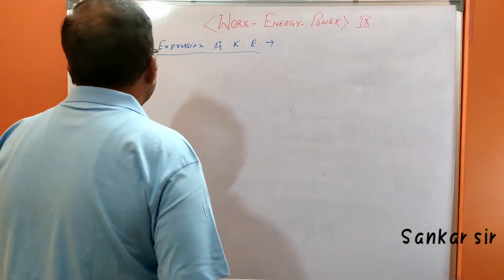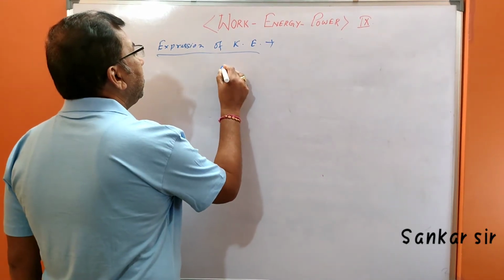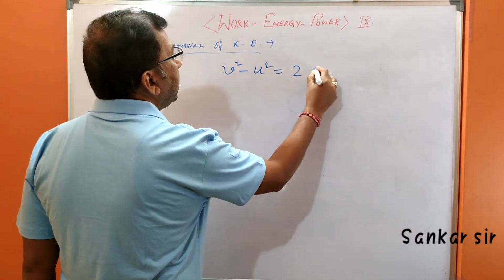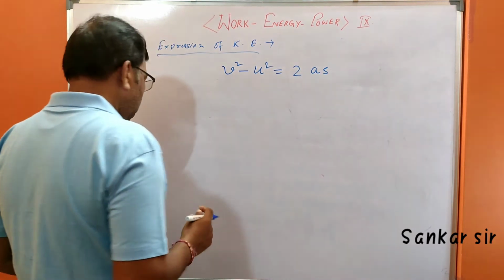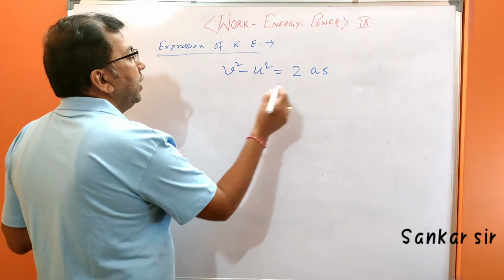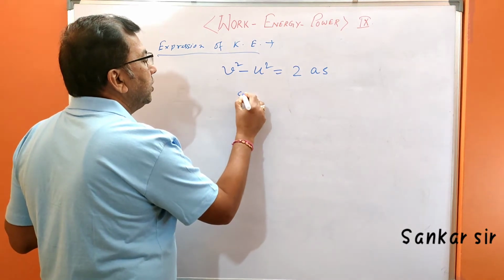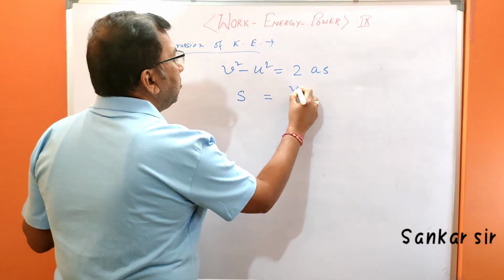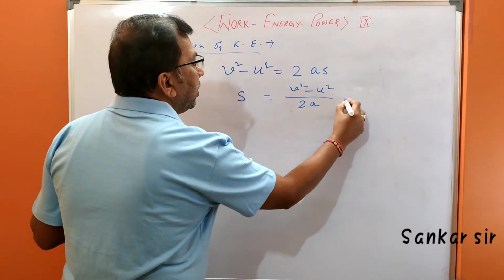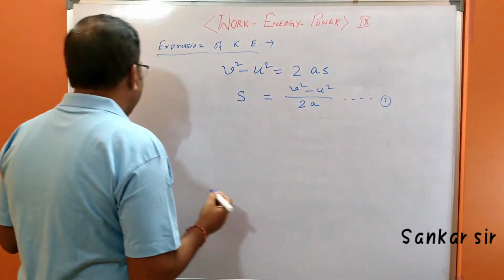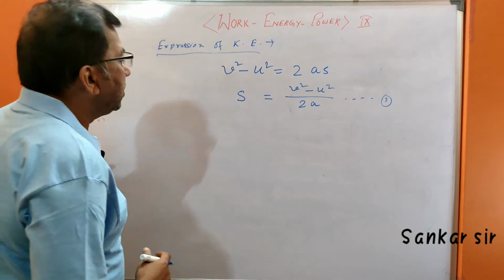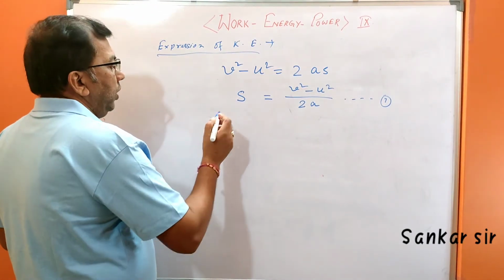From the equation of motion, v square minus u square equals twice as. Is it clear?